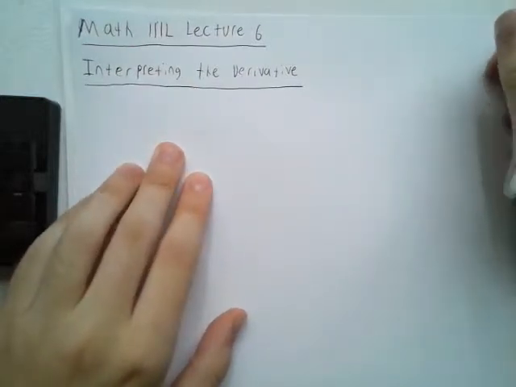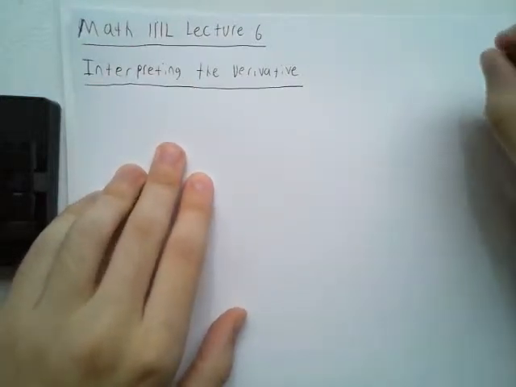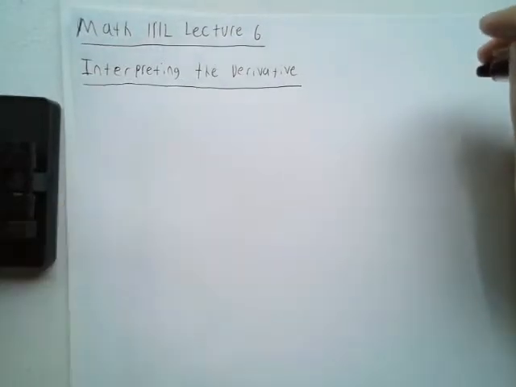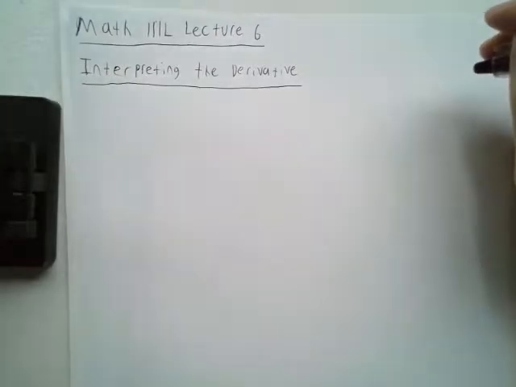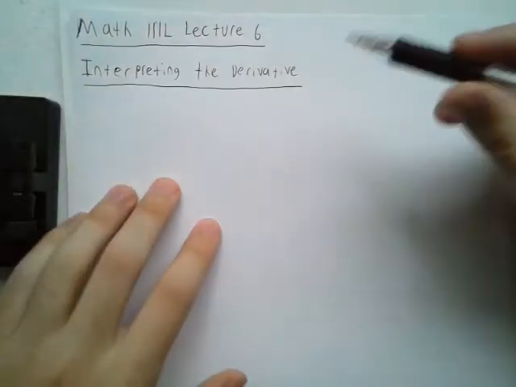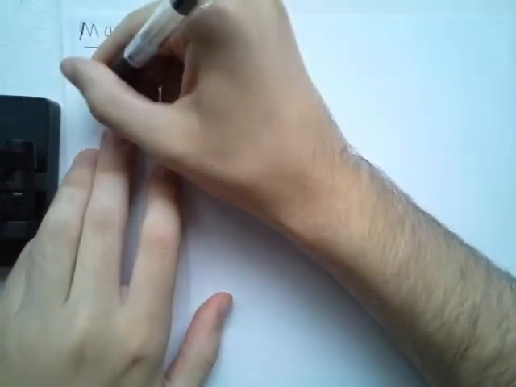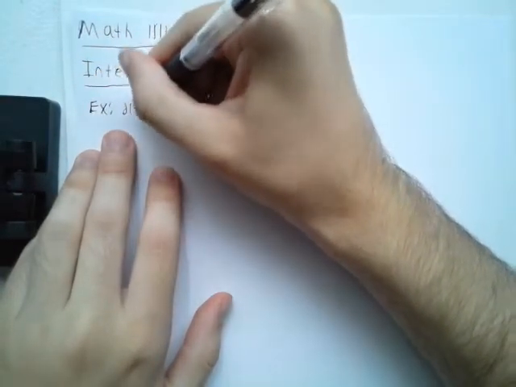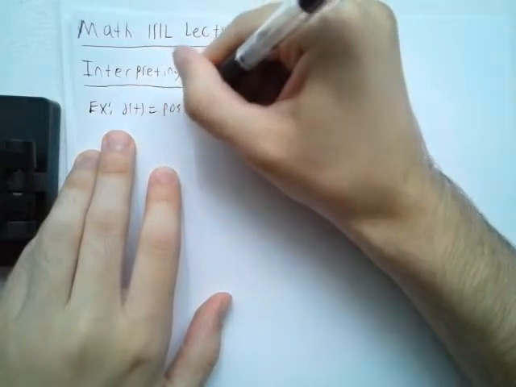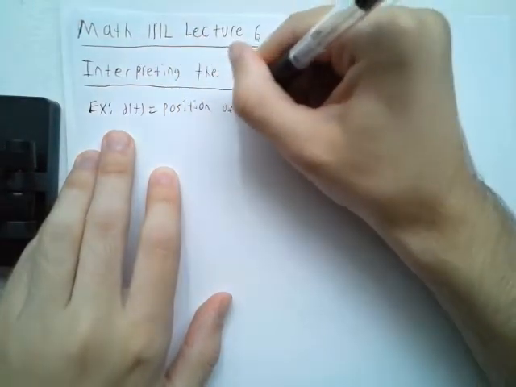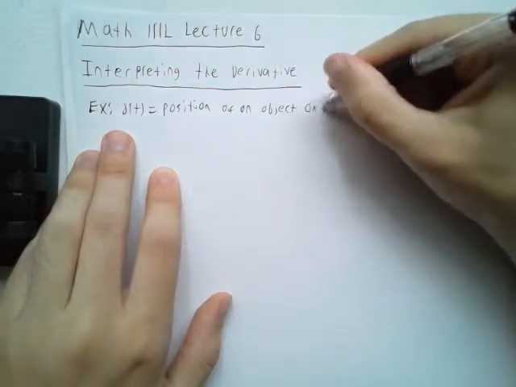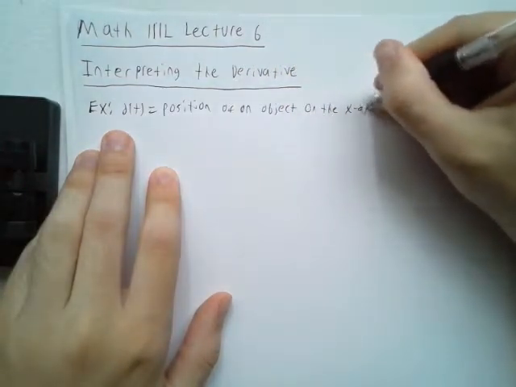Alright, in this video I'm going to be going over ways to interpret the derivative in the context of specific problems. So the first thing I'd like to go over is an example that we sort of already discussed, which is if d of t is equal to the position of an object on the x-axis.